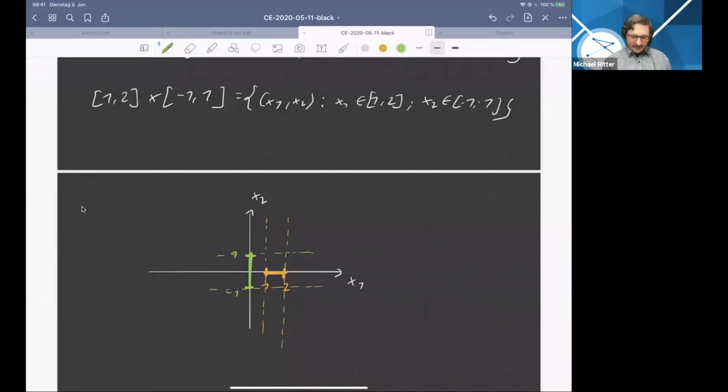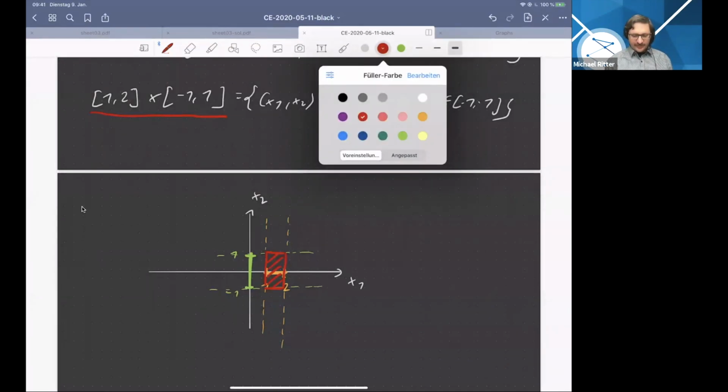And that means the area where both of these meet is this square here. Okay, so this is the set defined as the cross product of these two. First coordinate varies in the first interval, second coordinate varies in the second interval. Just take all possible combinations. So all points with these properties, that's this cross product here.